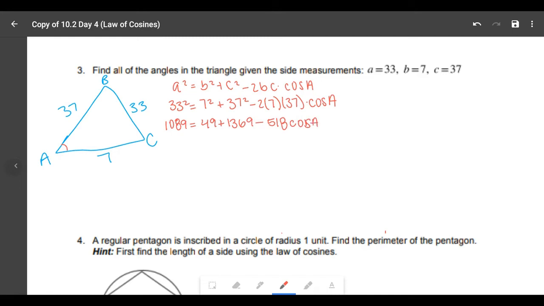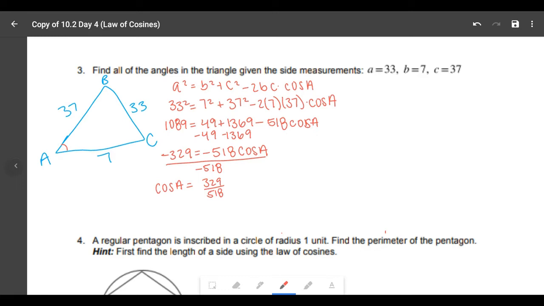And solve for cosine A. So if I subtract these two numbers, we should get negative 329 is equal to negative 518 times cosine of A. And if I divide by that negative 518, we get that cosine of A is 329 over 518.